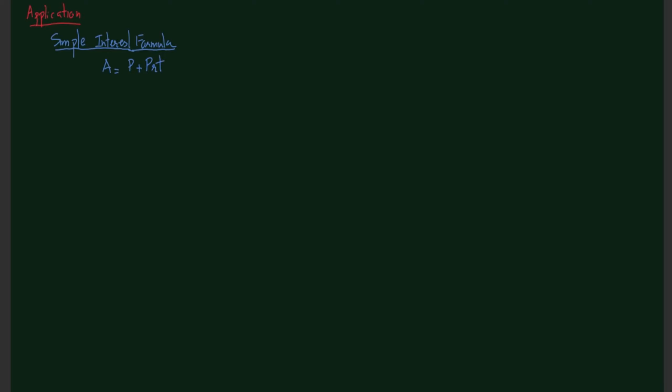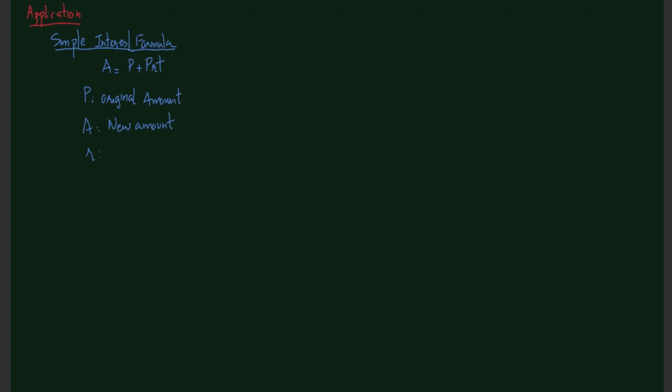P in this case is the original amount. So P is the original amount. Okay. A is the new value of the account, so the new amount. A is the new amount, and R is the rate.